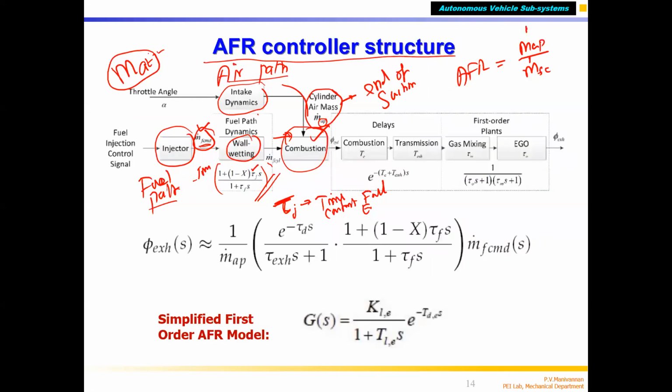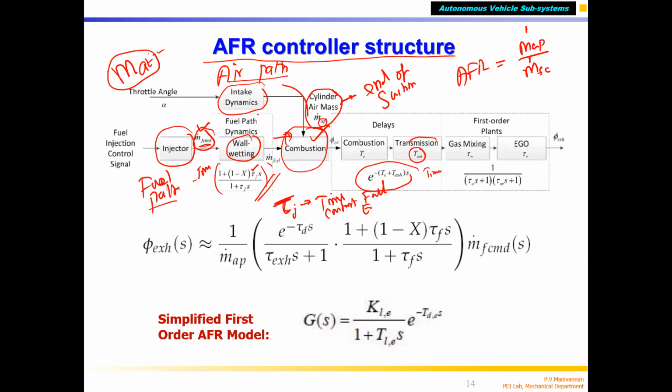So you can see these are the time delays. One is transmission, that is the exhaust gas moving from the combustion chamber to the exhaust sensor. For that there is a time delay called T. It is not temperature, please note that this is a time in milliseconds, for the exhaust gas to reach the sensor from the combustion chamber.